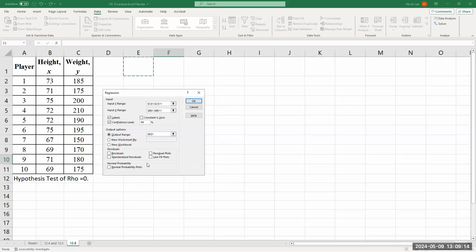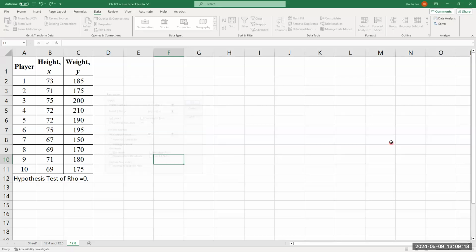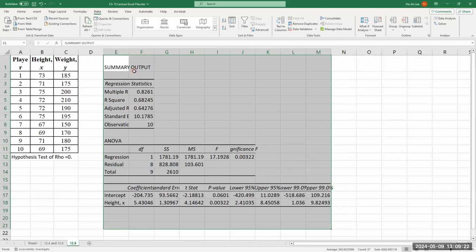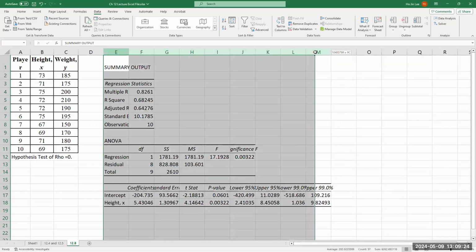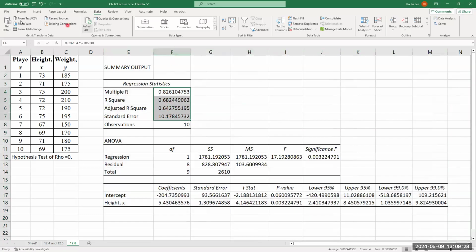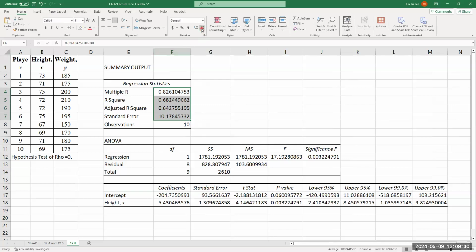I'm not going to click any of these other things because we don't need them. Then let's do OK. So here is the output. I'm going to scroll out and do some formatting to tighten up the space. I'll do 3 decimals for kicks.